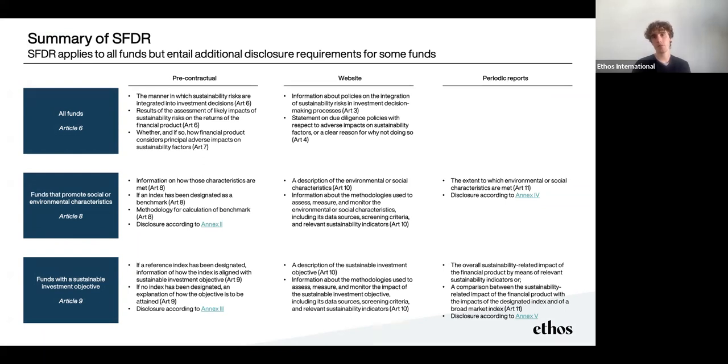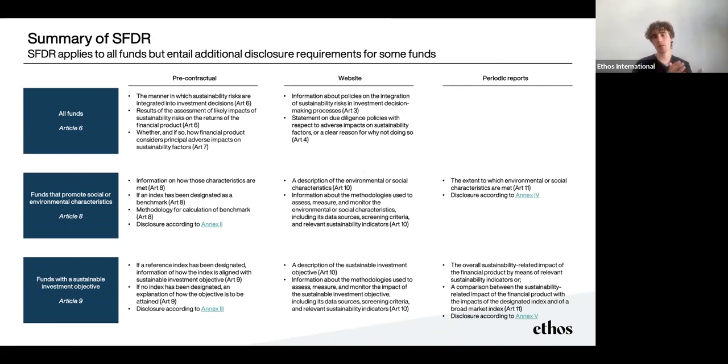But what is important to take with you from this slide is that all types of funds, so both Article 6, which is not an ESG or sustainability fund, have information disclosure requirements in pre-contractual agreements, on websites, and in periodic reports. The only one that Article 6 doesn't have is periodic reports.